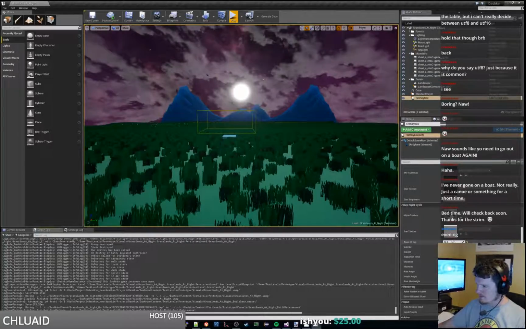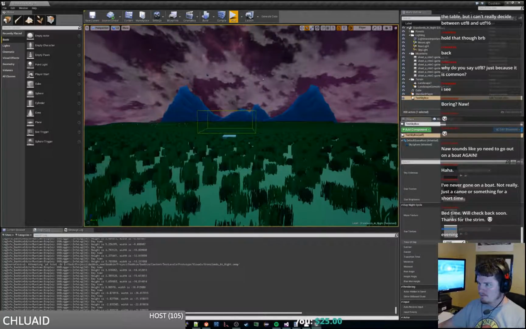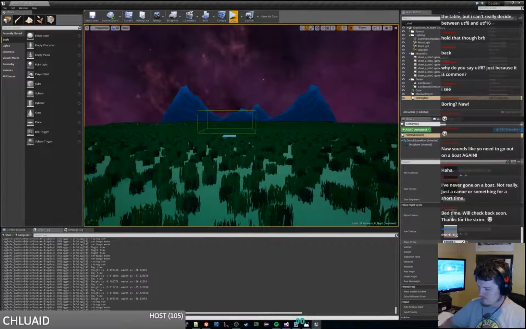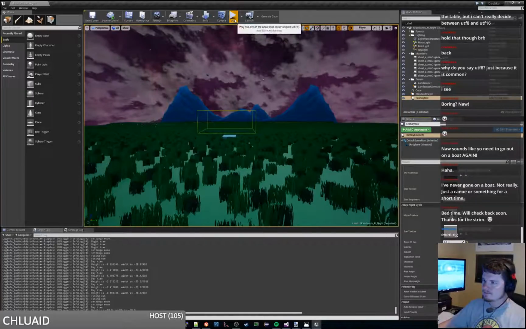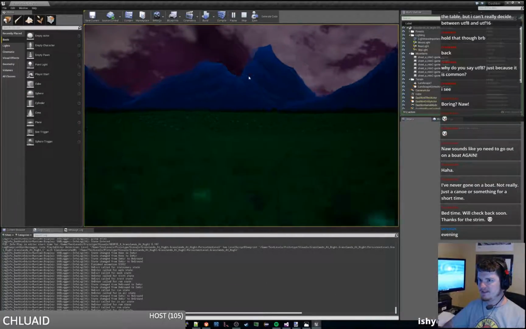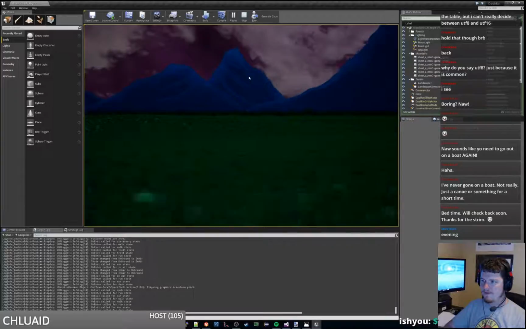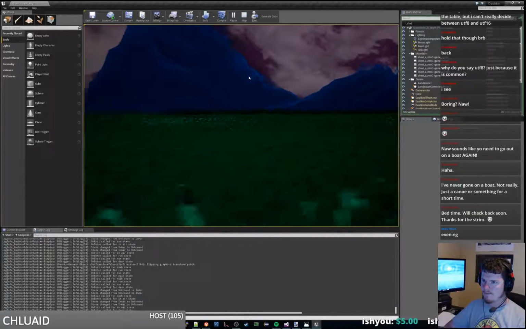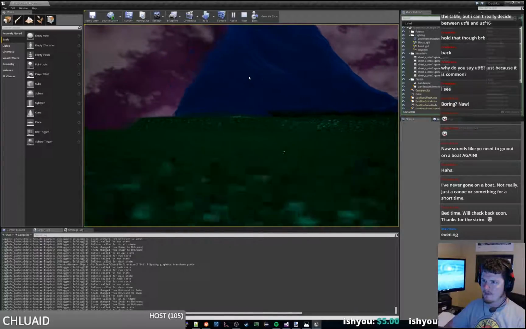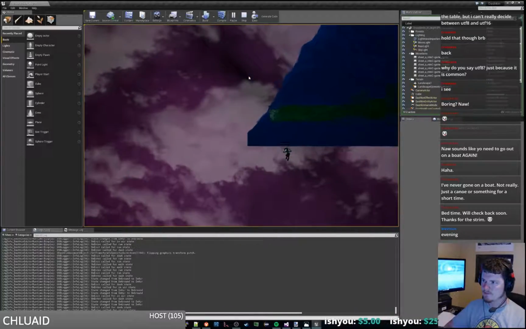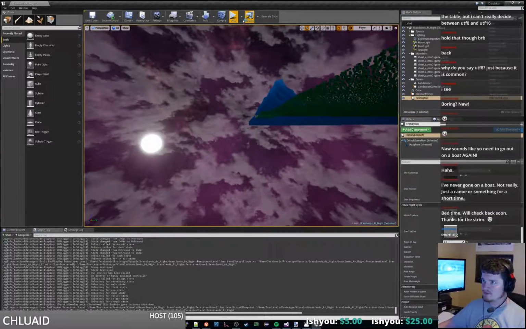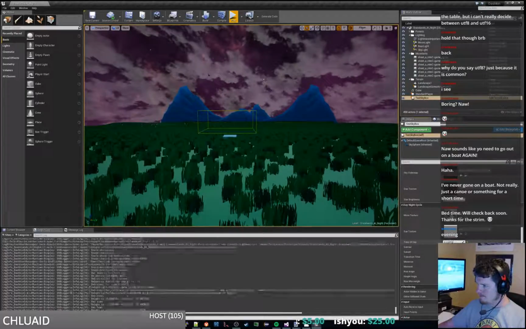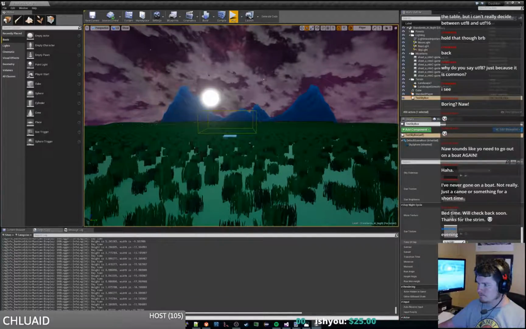So let's see how that looks if we go from 6.5. Like, we can't see any sun at all, can we? It's down there, though. We just can't see it. Alright, so let's see.